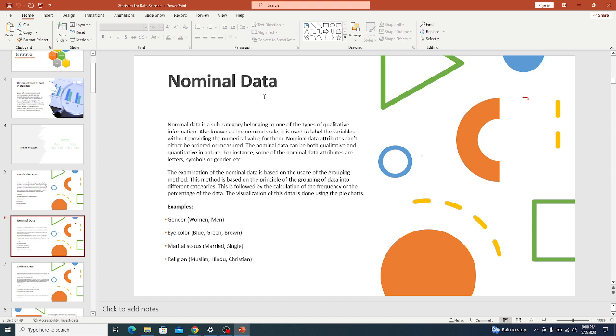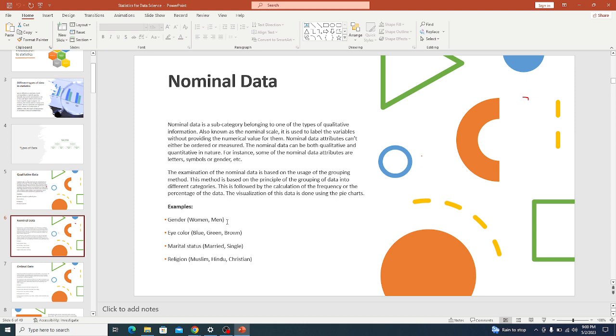Nominal data is also known as nominal scale, and it is used to label the variables without providing a numerical value for them. For example, nominal data attributes can't be ordered or measured.